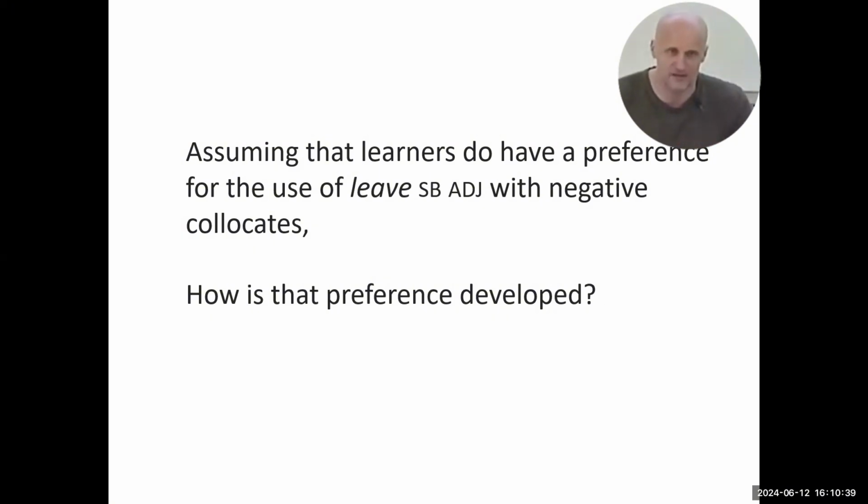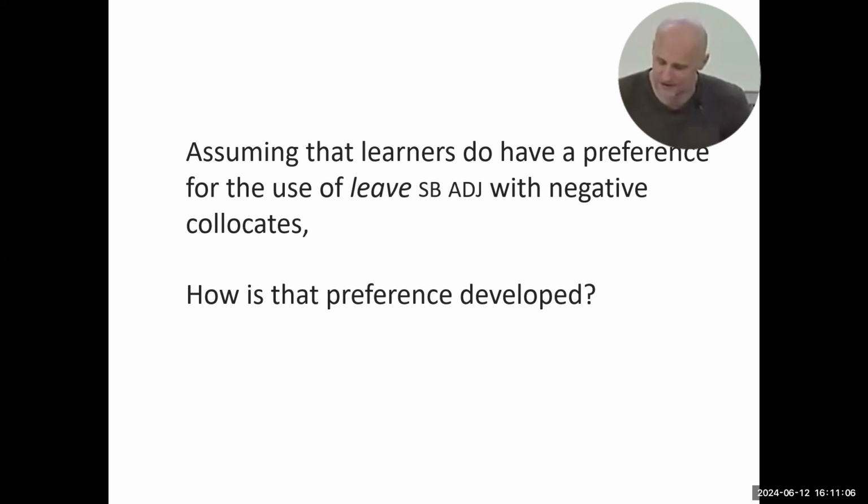And so based on these experiences, learners discover a pattern, okay? So in the case of "leave somebody adjective", subconsciously or maybe consciously, we discover that this construction has a preference for negativity rather than positivity.